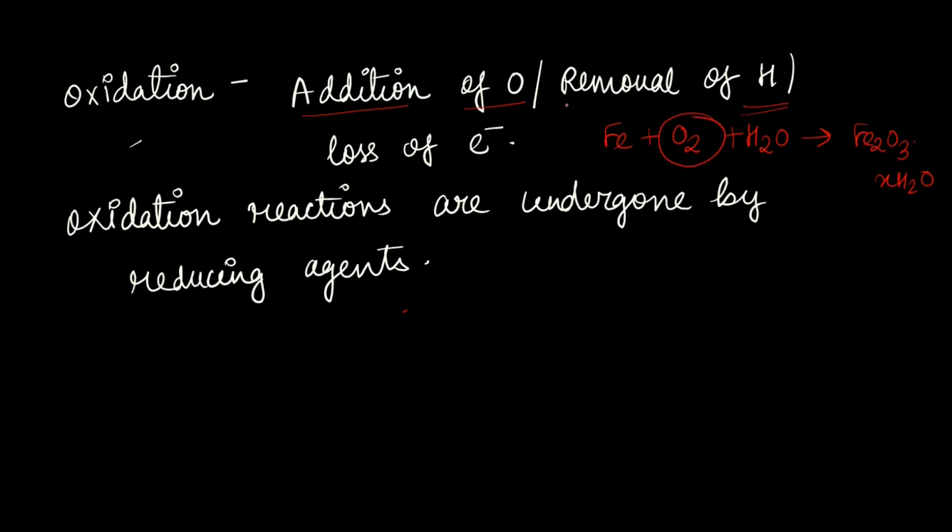Also, the removal of hydrogen in any method, process or reaction is oxidation. Suppose you see hydrogen is being removed from the process, that is also oxidation. Oxidation reactions are undergone by reducing agents.